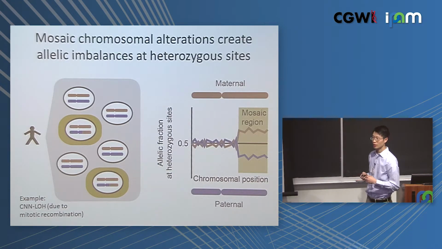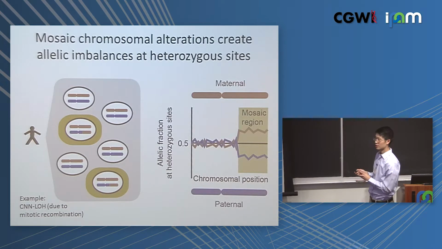And so now, if we think about how much maternal allelic content is in this person's blood versus paternal allelic content, well, if we imagine walking across the chromosome from left to right, then anywhere in the region that was not affected by the event, we would expect to see a 50-50 balance between the amount of maternal and paternal chromosomal content.